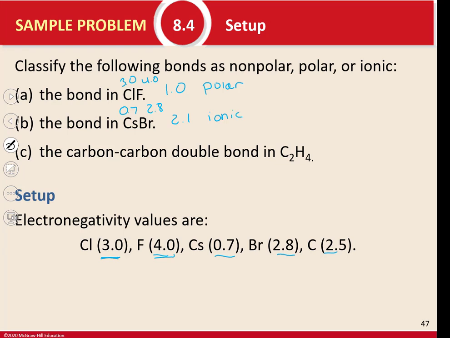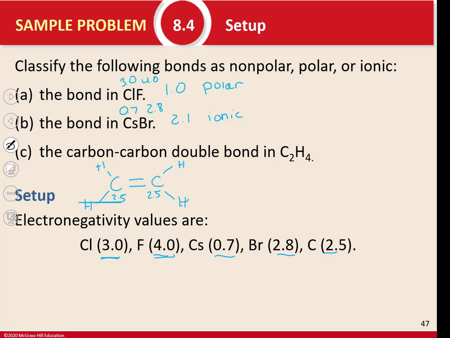The last one, the carbon-carbon double bond in C2H4. So there's our C2H4, 4 hydrogens like that, double bond between the carbons there. Carbon has a value of 2.5, but we're not comparing it to the hydrogens, we're comparing it to the other carbon, which is also 2.5.